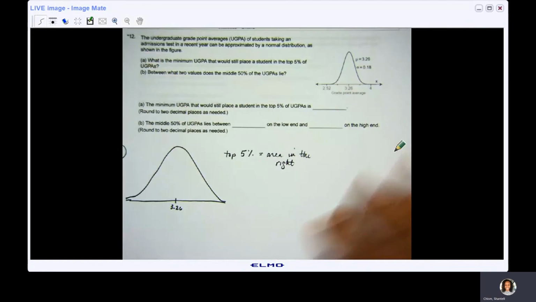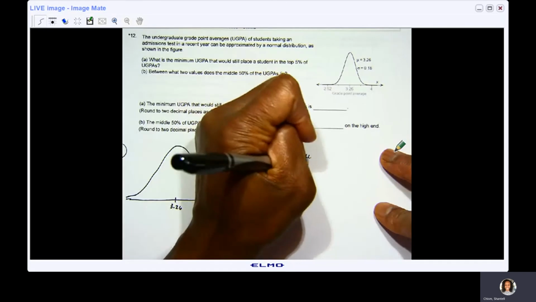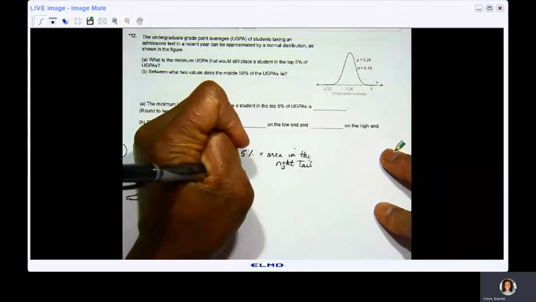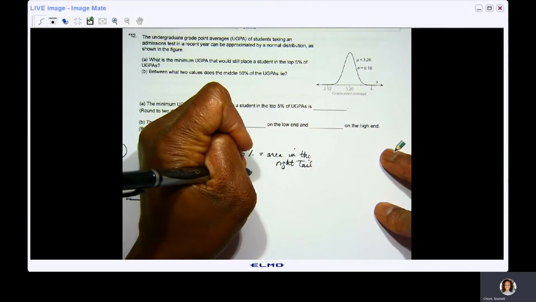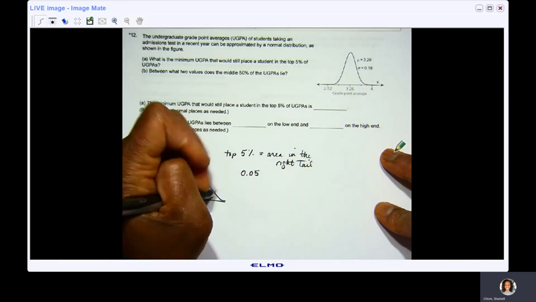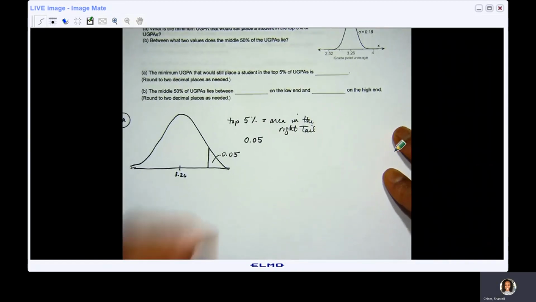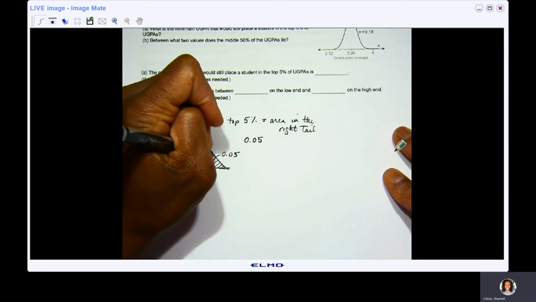If it had said bottom, it would have been the area in the left tail. But this is area in the right tail, okay? And that 5% translates to 0.05. So the area in the right tail is 0.05. Okay, that's the area that we're given.